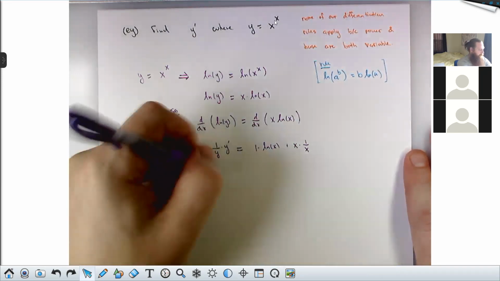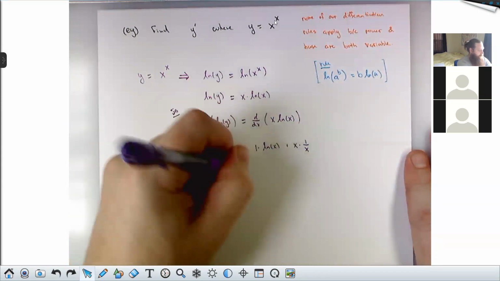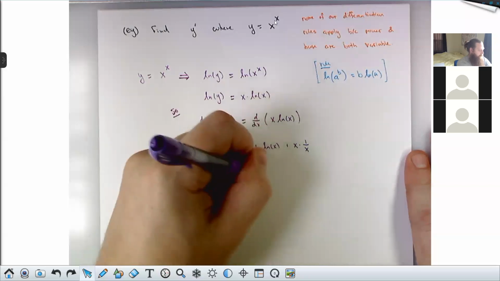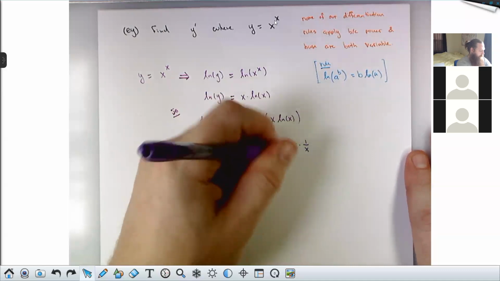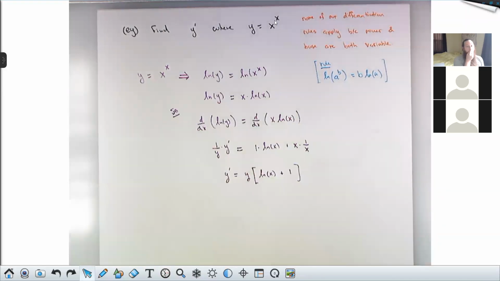And then multiplying both sides by y, we get y prime is equal to y times 1 times ln x, which is just ln x, plus x times 1 over x, which is 1. And again, this is an implicit expression, but if I wanted an explicit expression, I just plug this in.